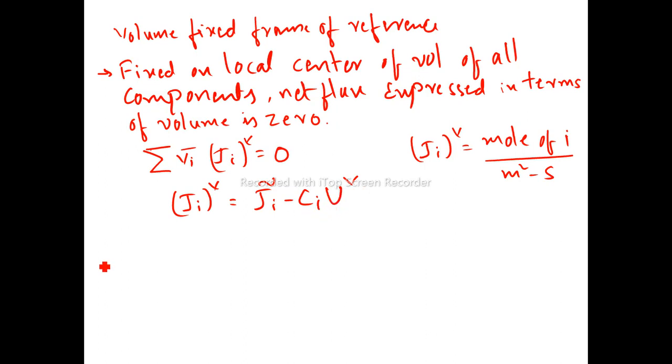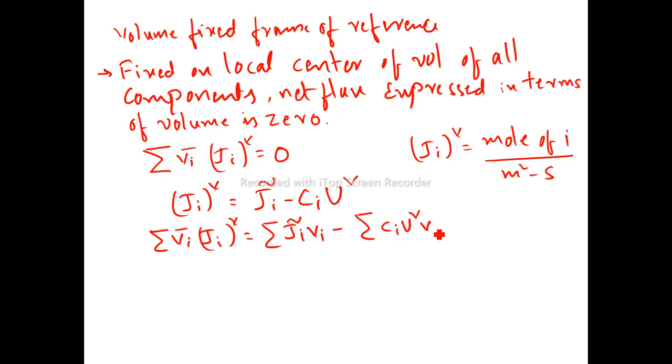When we multiply the molar volume on both sides, we get minus summation of Ci UV Vi bar. We know from the definition that this term is 0.